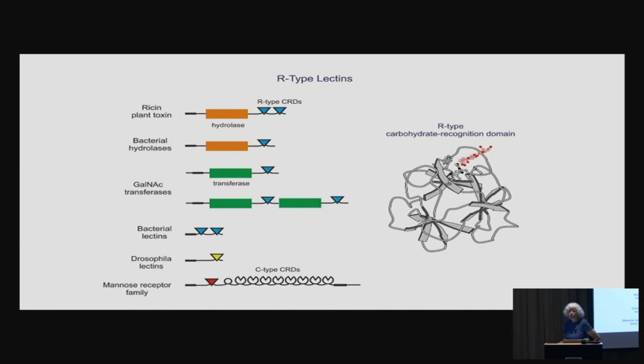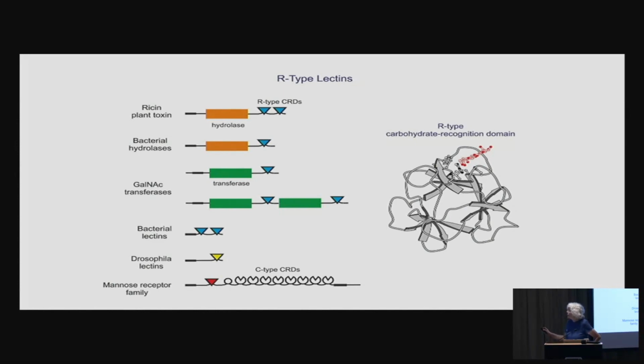the ribosomal RNA. R-type lectins all contain a domain that looks like this domain in ricin, which is shown here. This has the typical beta trefoil structure, and this is the one from ricin showing it recognizing galactose.